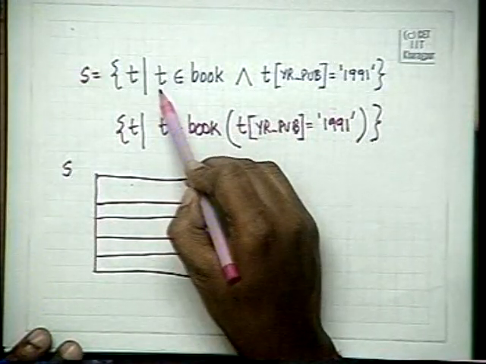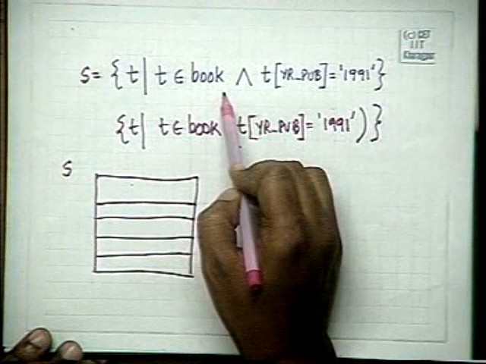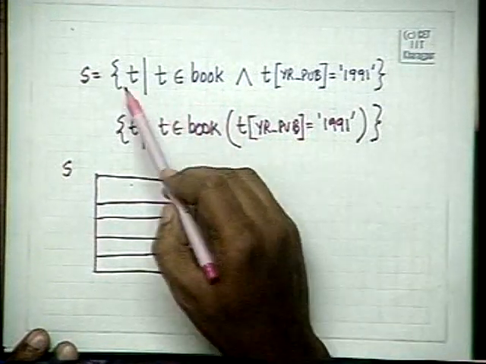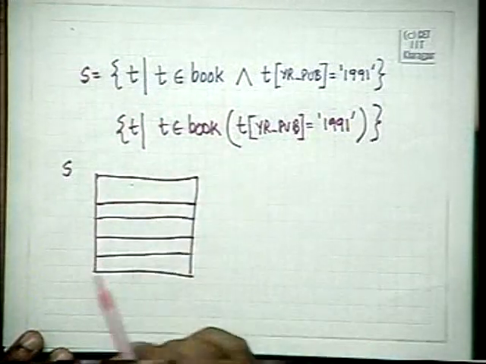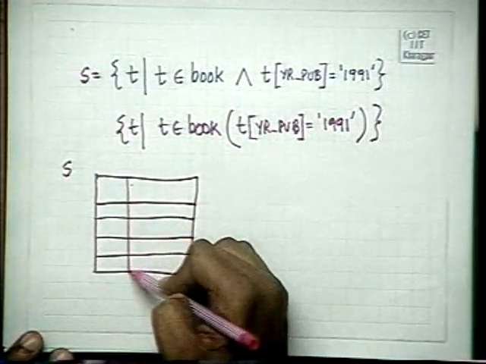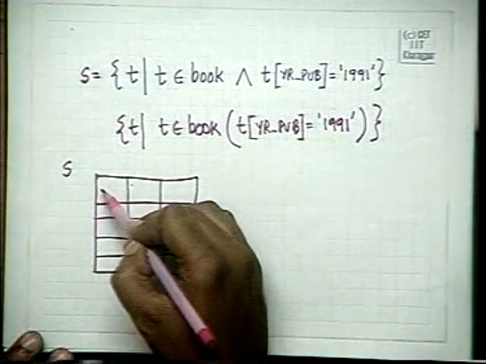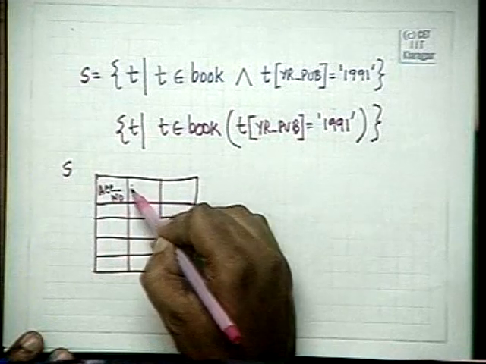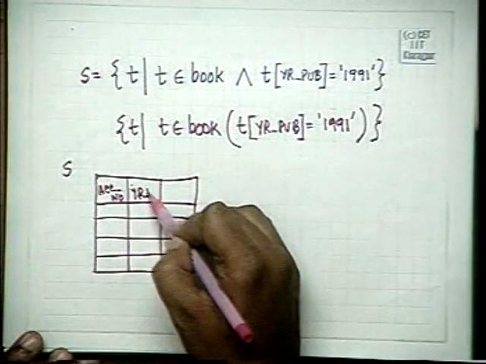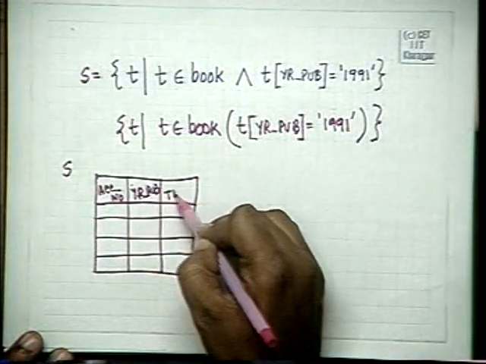When I write simply T element of book, then it means that all the attributes of book are also attributes of S. So here S will have accession number, year of publication, title.